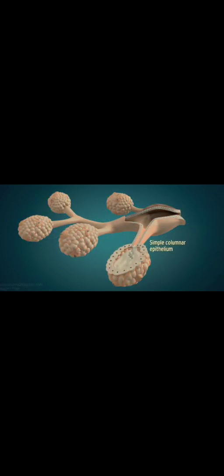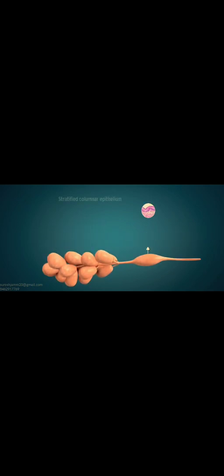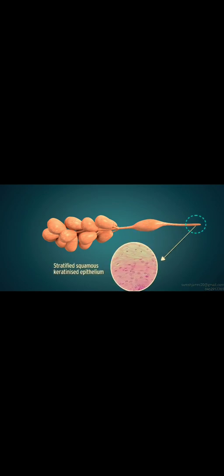Smaller lactiferous ducts are lined by simple columnar epithelium. Larger ones are lined by stratified columnar epithelium, which contains 2 or more layers of cells. The terminal part of the lactiferous ducts is lined by stratified squamous keratinized epithelium.